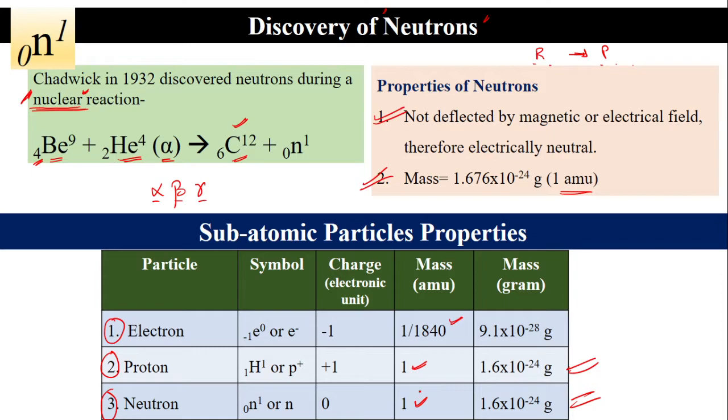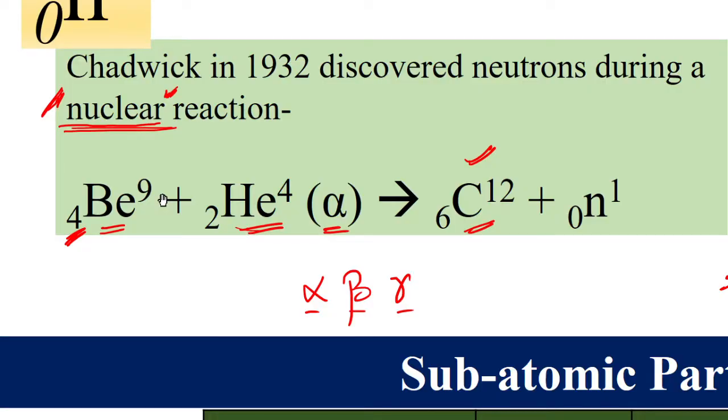So here, if only the proton was contributing to the mass of beryllium, how much mass should be coming? 4, no? The mass should be coming as 4. Here you should get mass as 4, but it is written as 9.